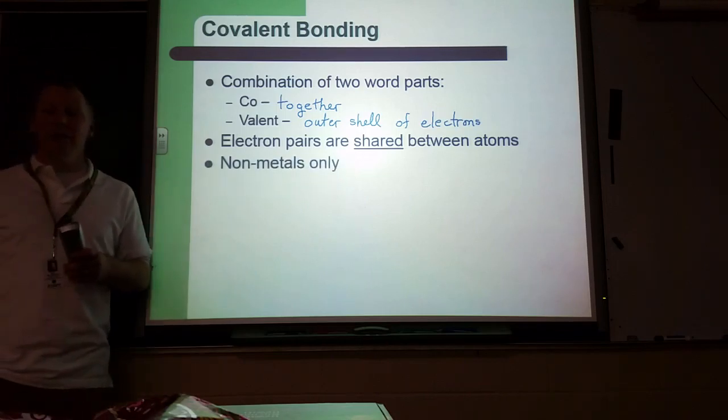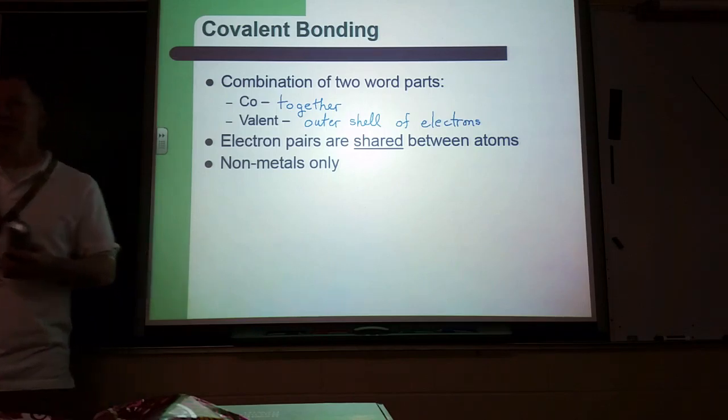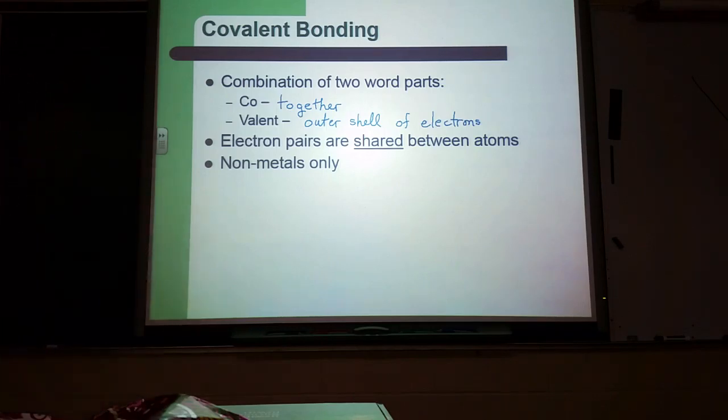This is only going to be nonmetals. How do we know which ones are metals and which ones are nonmetals?